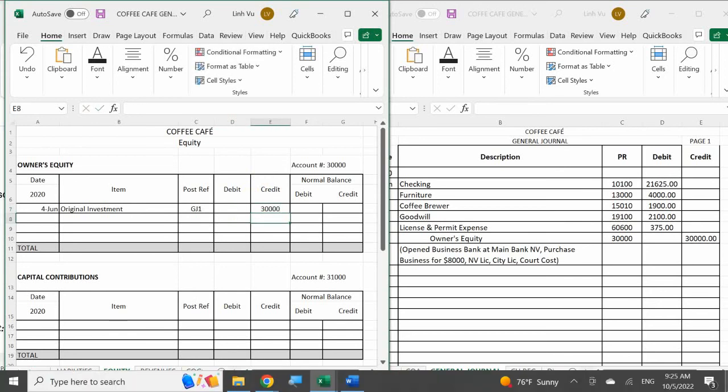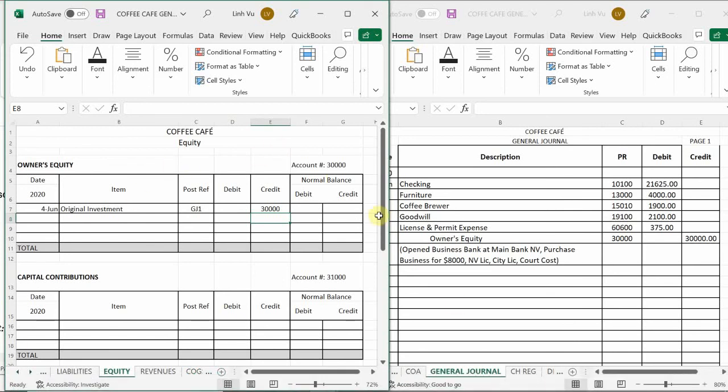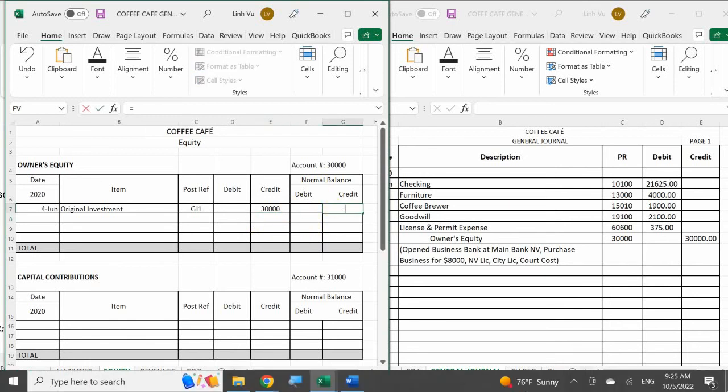Okay, so $30,000. What kind of account balance would I have for my owner's equity? A credit balance. So in this case, we're not going to use the debit column. We're going to skip over that.